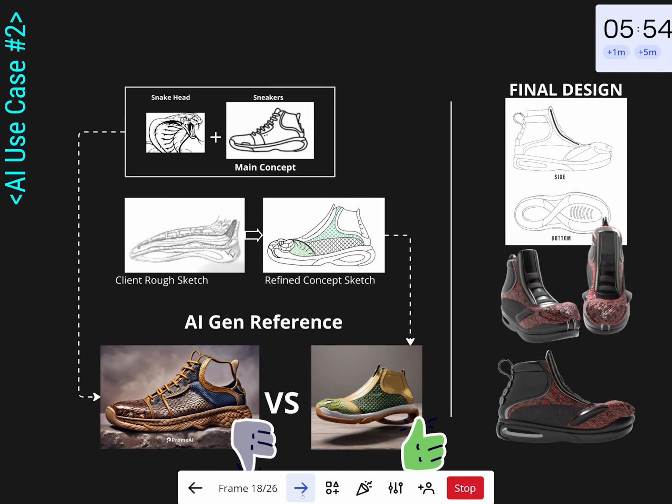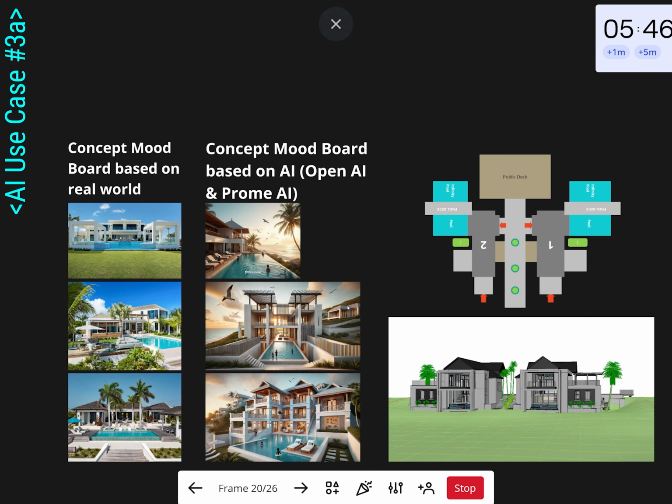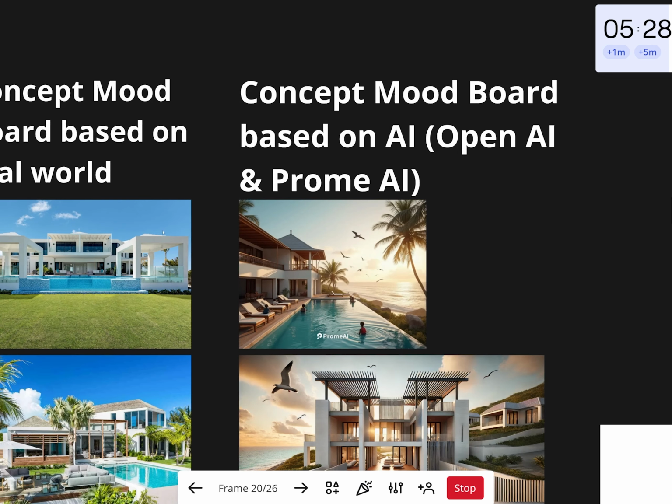So I have two examples to show you, right? This one is actually a project that I worked on. It's not complete yet, but I am using AI in it, and I've been using AI for a while now. I picked the most recent one, and essentially it's a concept of a luxury villa, and the process of coming up with the design is pretty straightforward.